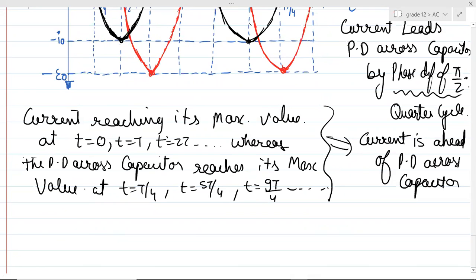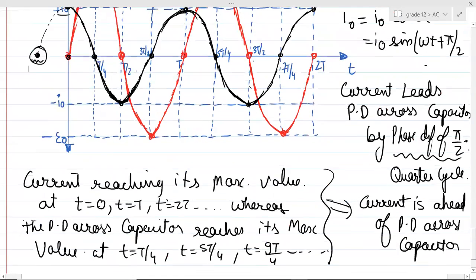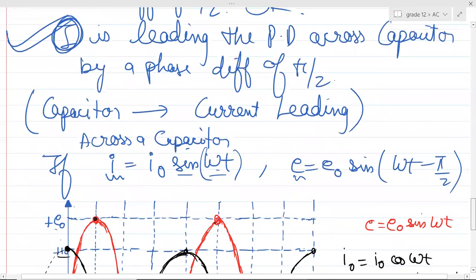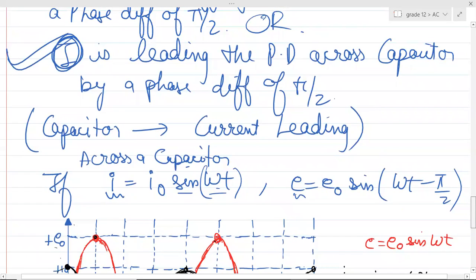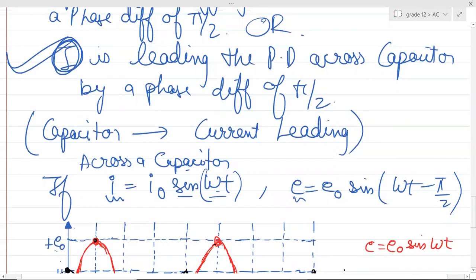Yes, sir. Sir, I had a doubt. Ask. What's the physical significance of this? Why does this only happen in a capacitor? Because see, when we talk about current, suppose initially when the current starts flowing, then your capacitor will get charged.